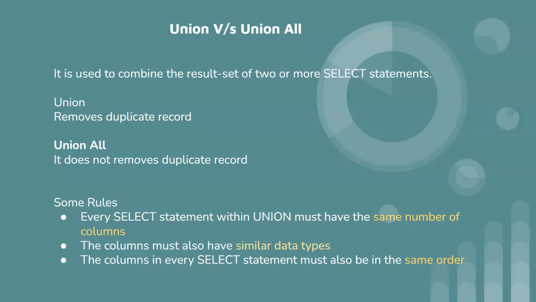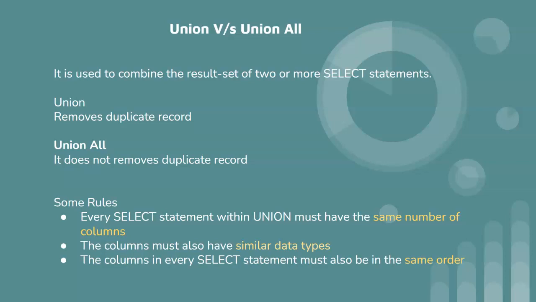Another important rule is that the columns should be in the same order. So it's going to club column 1 of the first select statement with column 1 of the second select statement. We can't assume that it will take column 1 of the first statement and you put this column in the second position of the second statement.